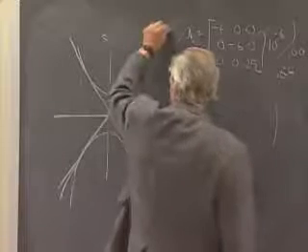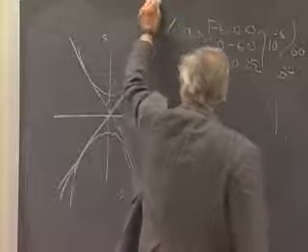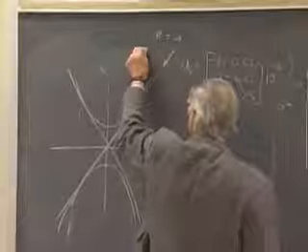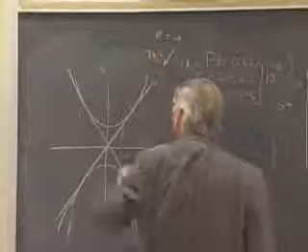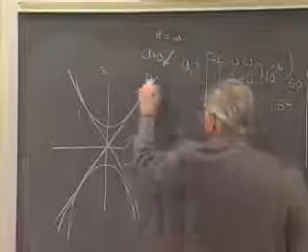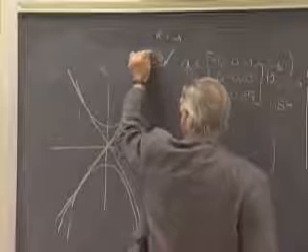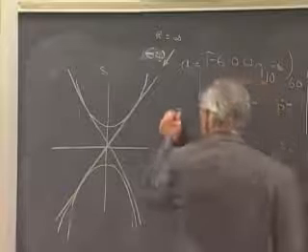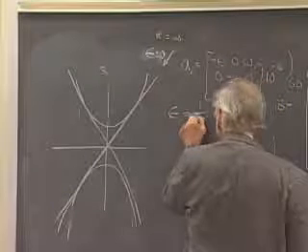Okay, along the asymptote, the radius of the quadric is infinite, so therefore along these directions, the strain is equal to 0. Strain goes as 1 over the radius squared.